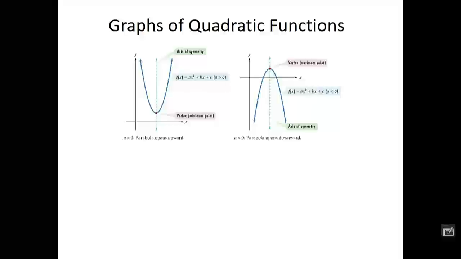Graphs of quadratic functions. Let's discuss or identify some of the key characteristics of quadratic functions. So if you have the quadratic function f of x equals ax squared plus bx plus c, where a is greater than 0, so if the leading coefficient a is greater than 0, then the parabola opens upward, as we have here.